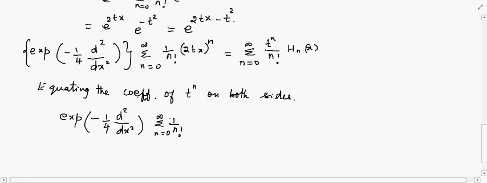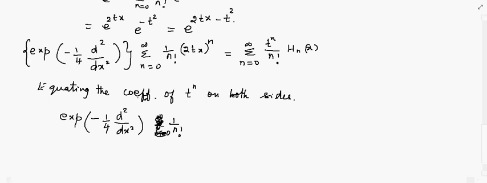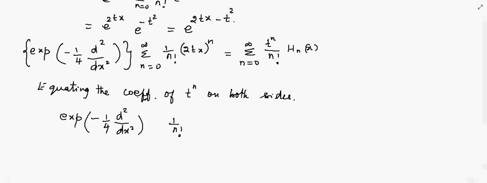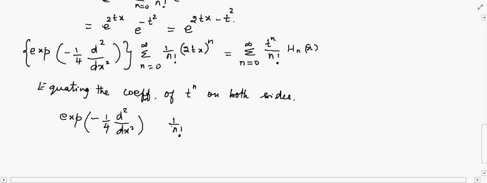Sorry, I am equating the coefficient of t power n, so we won't get this summation. So 1 by n factorial into 2x whole power n equal to hn of x divided by n factorial.